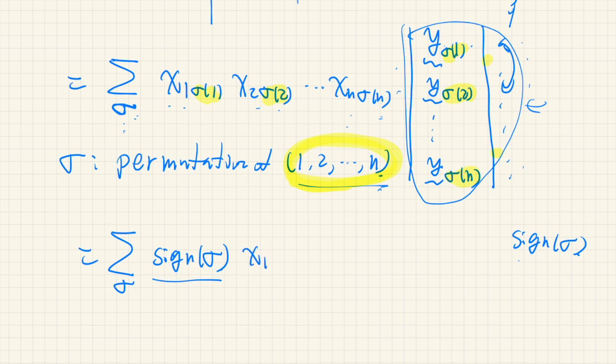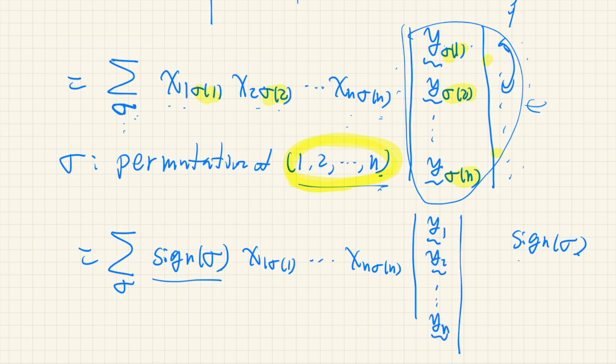Okay, so x1 sigma 1 and so on, and xn sigma n. And now we have this order, y1, y2, and so on, yn. So by swapping this, the sign may change, and that is expressed by this sign function.